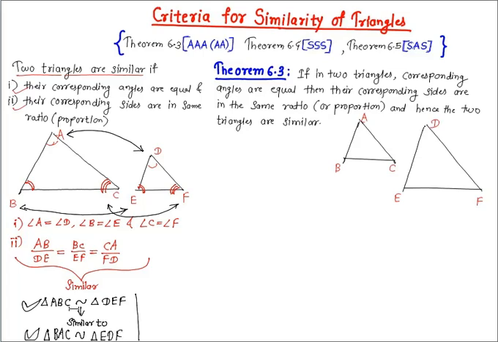So if we write triangle ABC similar to triangle EDF, or if triangle ABC is similar to triangle FED, this will be incorrect. Why? Because the correspondence of the vertices is not correct. So here we learned that two triangles will be similar if these two conditions are satisfied.